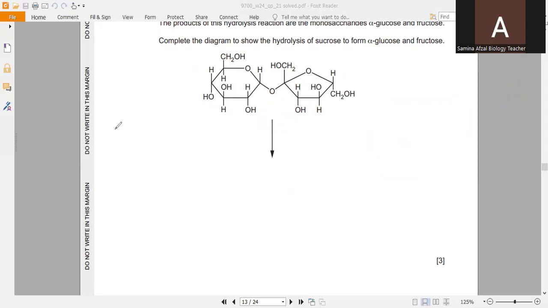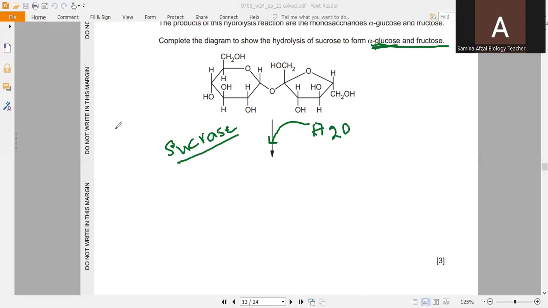As I have told you, when alpha glucose and fructose join together to make sucrose, the removal of a water molecule takes place. But when we add a water molecule in this reaction, in the presence of sucrase, an enzyme used for this purpose, the sucrose molecule will break down into alpha glucose and fructose.